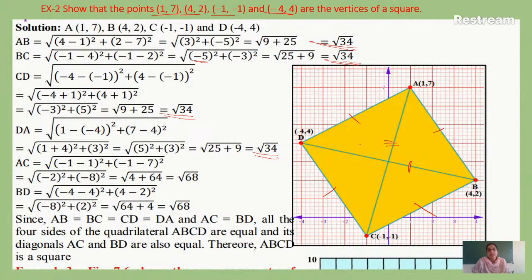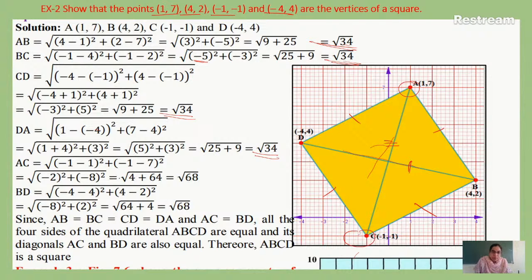If you just got all sides equal, it need not be a square only, it can be a rhombus. So to prove it as a square only, you have to go for proving the lengths of the diagonals. Right? If you take the diagonal AC, again you have to mark x1 y1, x2 y2.